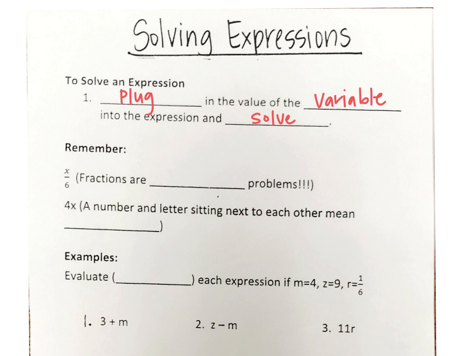So in order to solve an expression, you actually need to have the value of the variable, because there is no equal sign. I don't know what it equals, so I can't use the inverse operation to figure out that missing number like how we were used to doing in Saxon. I actually have to be given the value of the variable. So if I look at this one, it's just a reminder, x over 6 is reminding you that fractions are actually what kind of problems?